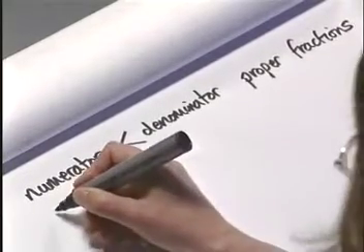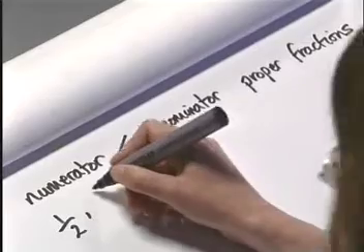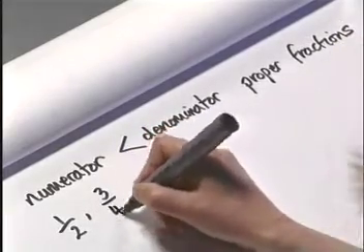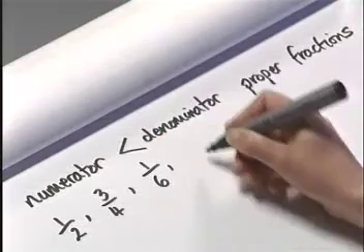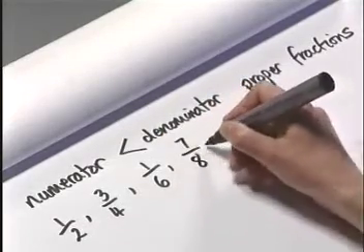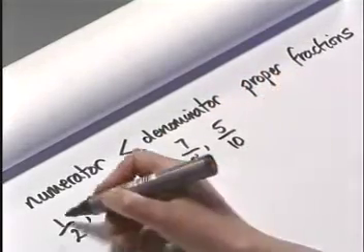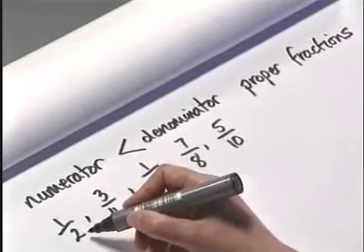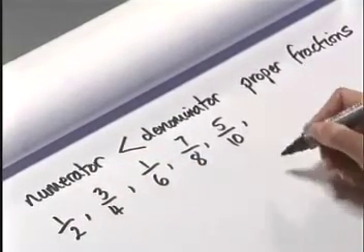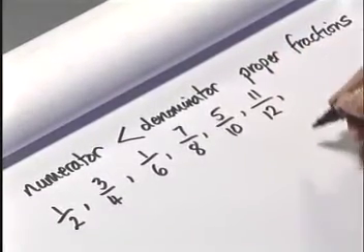And examples are a half, 3/4, 1/6, 7/8, 5/10. You see, in all these cases, the numerator is a smaller number than the denominator. And as long as that is the case, then we have a proper fraction.